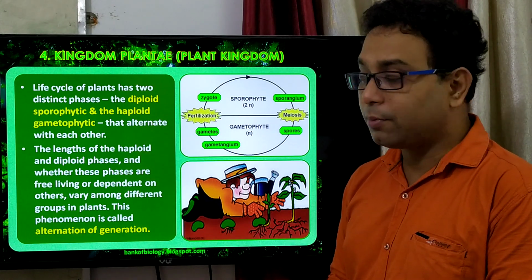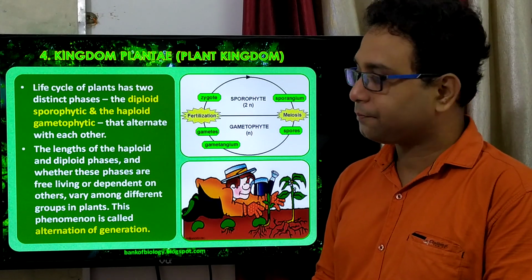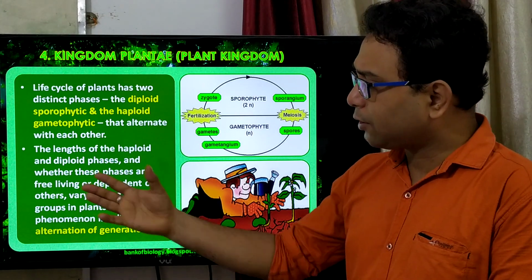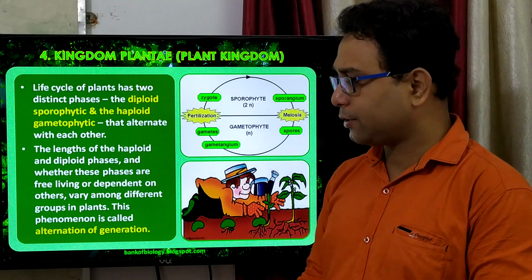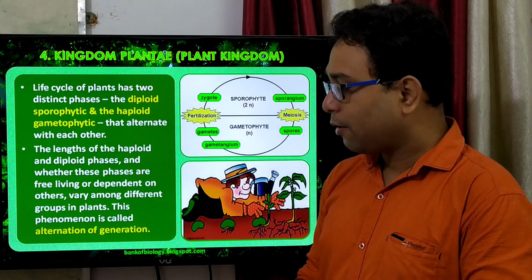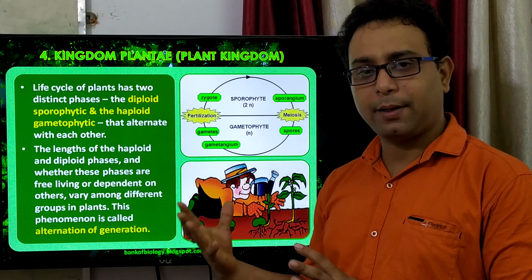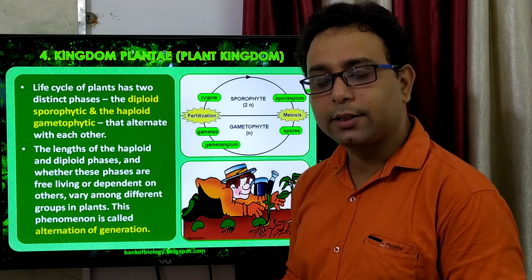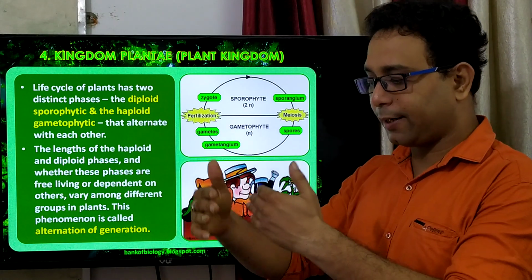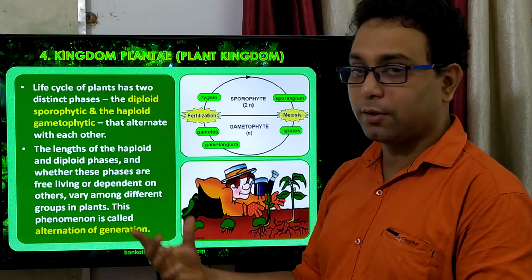So this is called alternation of generation. The length of the haploid and diploid phases, and whether these phases are free living or dependent on others, vary among the different groups. That is not the same in every plant, right? So this changing between haploid and diploid is called alternation of generation.